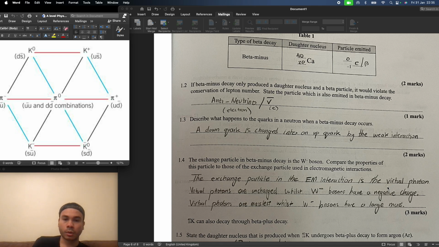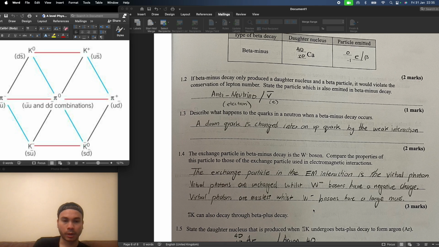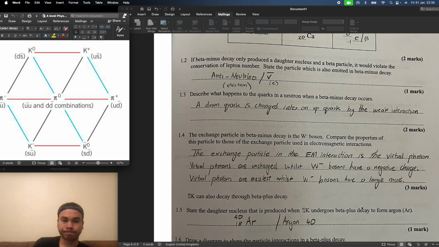But virtual photons are uncharged as well, whereas the W minus boson has got a negative charge, and I talked about them being massless. Okay, so those are your differences, and that's how you get your 3 marks, by also saying that the W bosons have got a large mass.